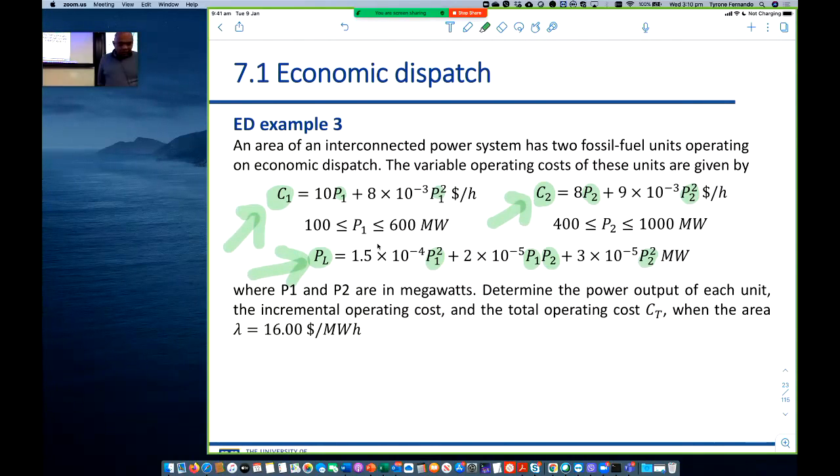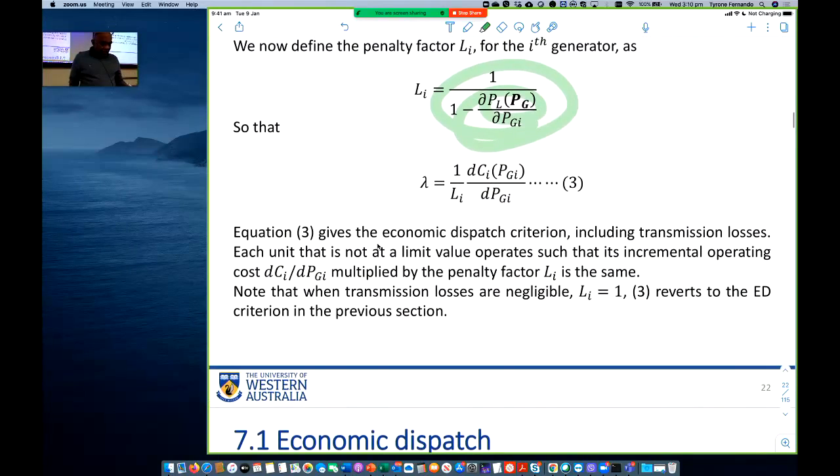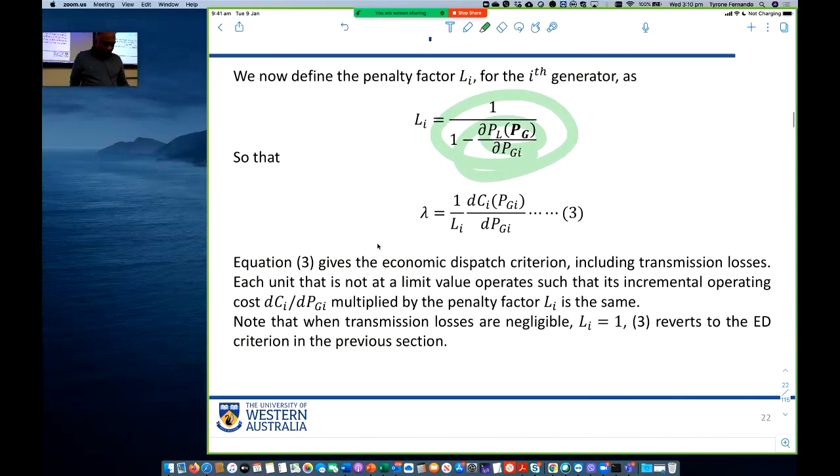So when we differentiate with respect to P1 to determine the penalty factor for generator 1, we have this partial derivative, and we can substitute that in there, and we'll determine the penalty factor for generator 1.